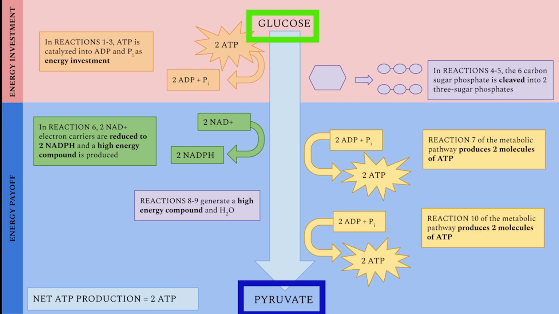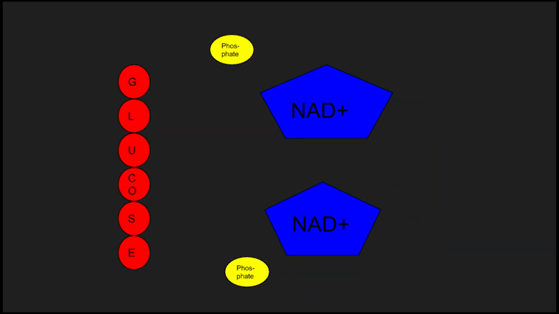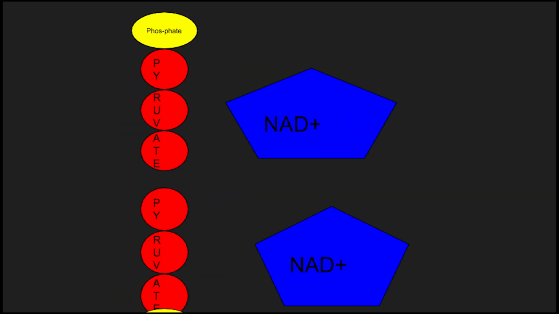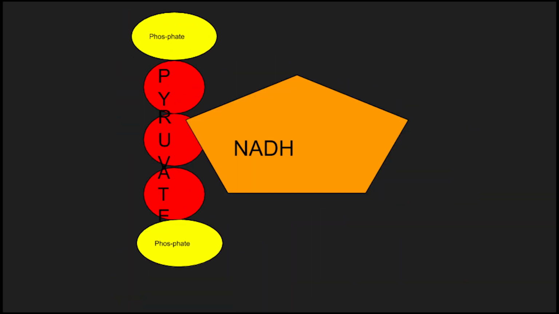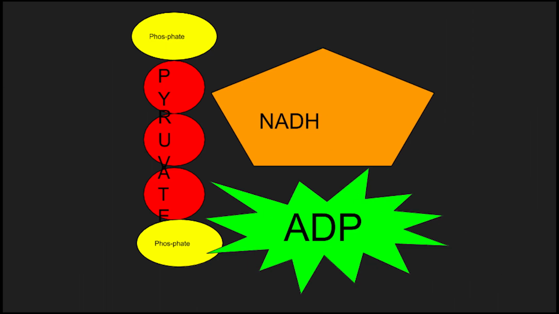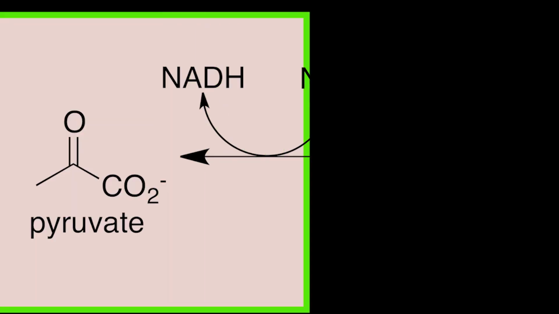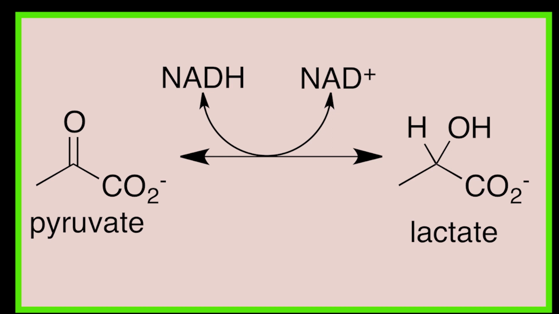During this stage, 2 ATPs and 2 NADH molecules are produced per 1 molecule of glucose. In the second stage, pyruvate is converted to one or more products. In one product, pyruvate is converted to lactic acid by the lactate dehydrogenase enzyme.